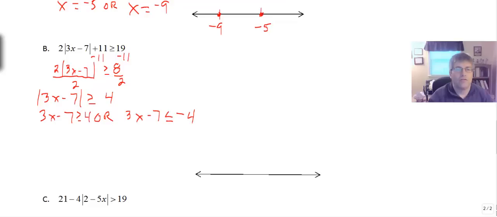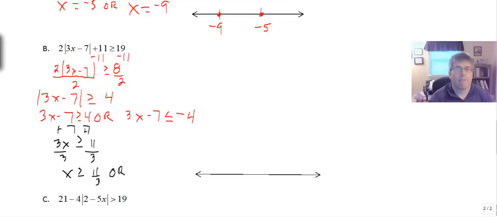So two problems I have to simplify. I will add 7 to both sides. I get 3x is greater than or equal to 11. Divide by 3. I get x is greater than or equal to 11 thirds.